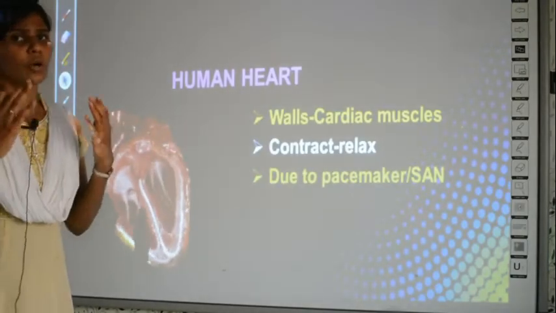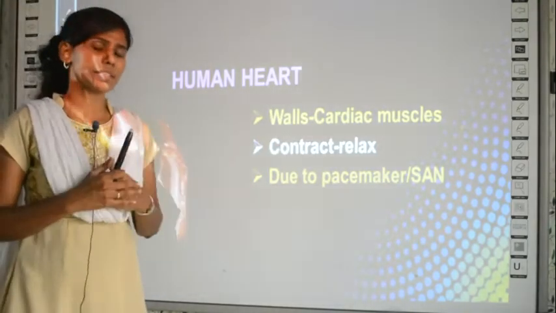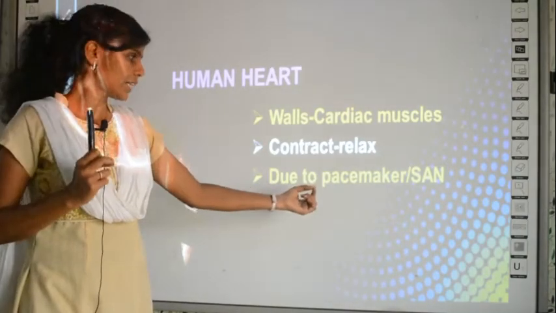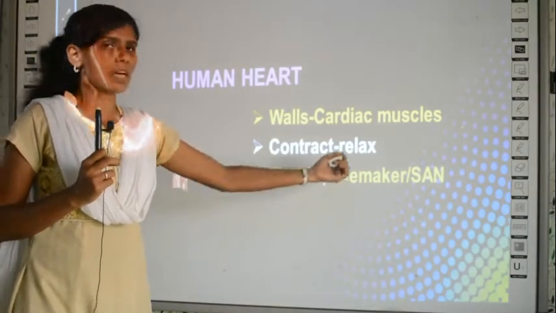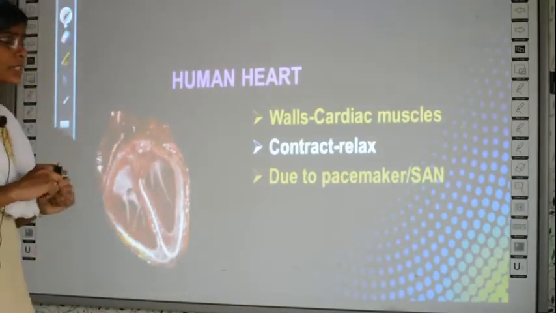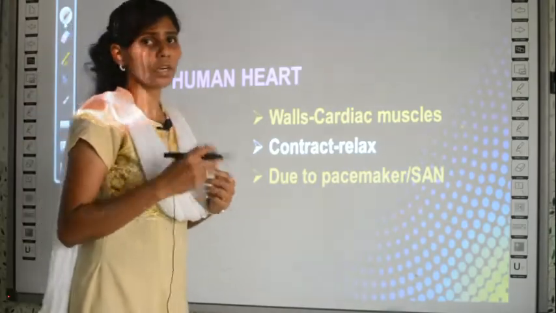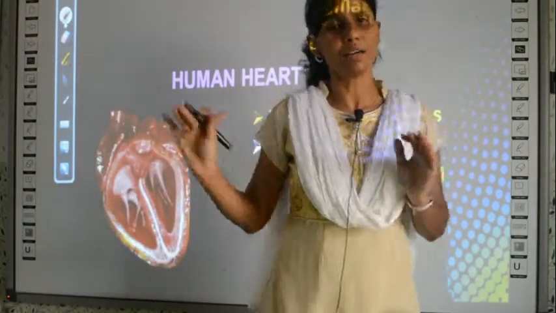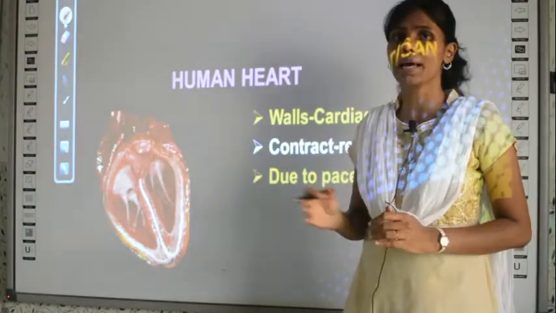What causes this contraction and relaxation? It is due to a part of the heart called the pacemaker or SAN. Because other parts of your body are not contracting and relaxing, right? Only the heart contracts and relaxes.